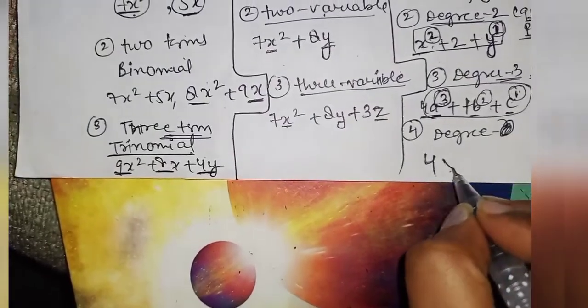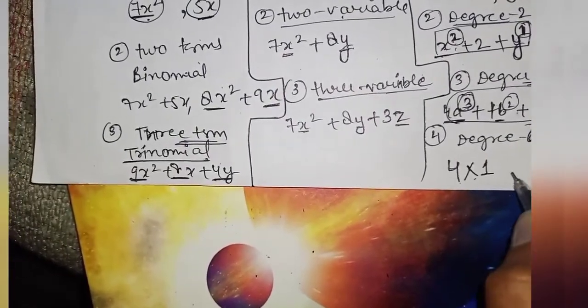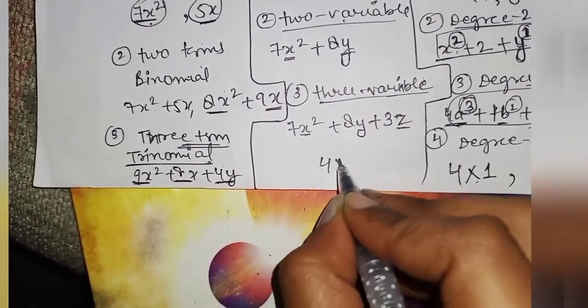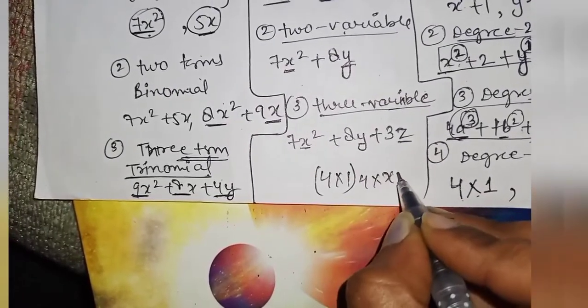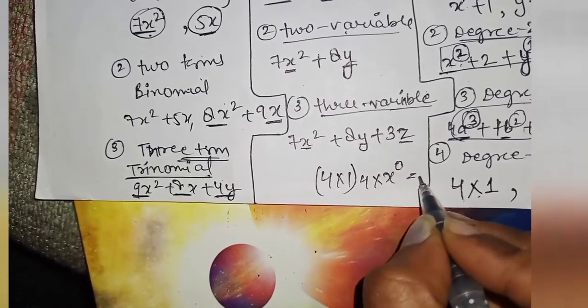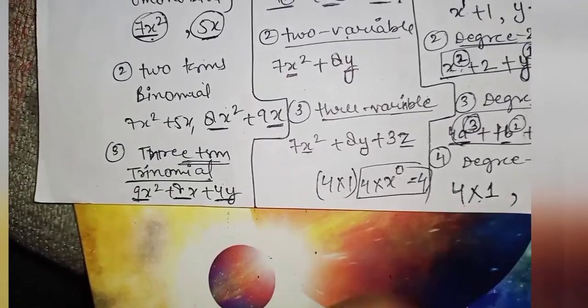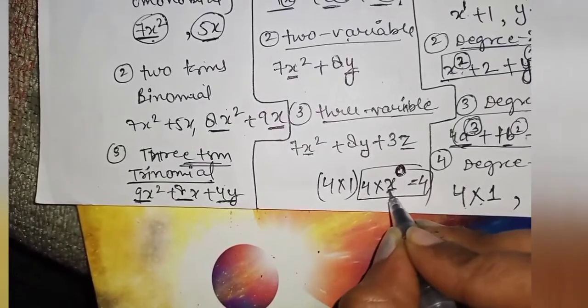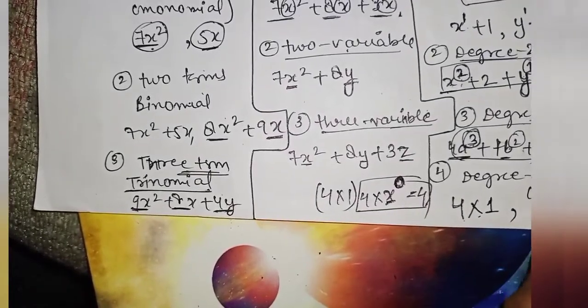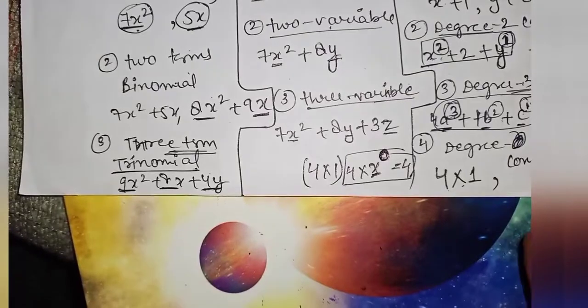So here there is nothing, we can multiply it by 1. We can also say that 4 into 1, or 4 into x to the power 0, is equal to 4. So if the power or the degree of any variable is 0, then that will be known as constant.